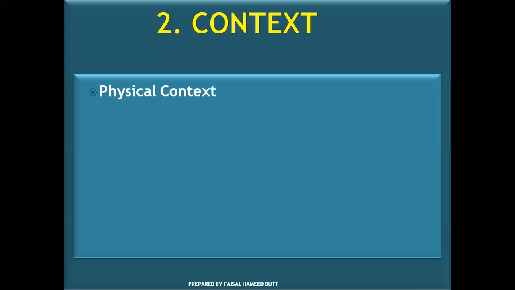Similarly, seating arrangement also creates a message. If you take the example of a classroom, your teacher is standing on the podium and you are sitting on your seats, and that arrangement tells you that the teacher is the authority, and there will be less discussion, more lecture. The teacher will be more active, you will be comparatively passive. But if we change the seating arrangement, we place a big table in the middle of the room, and we place seats around it.